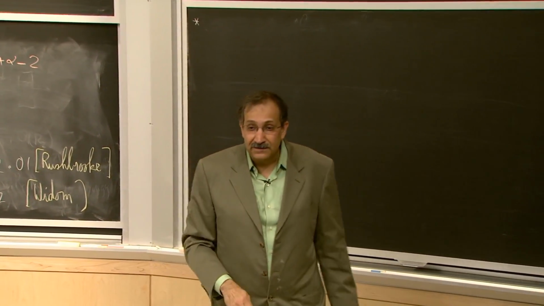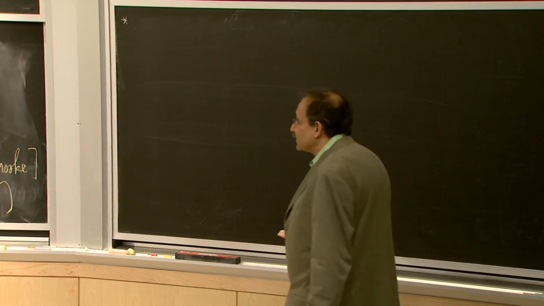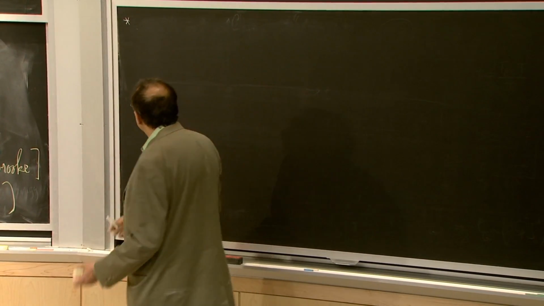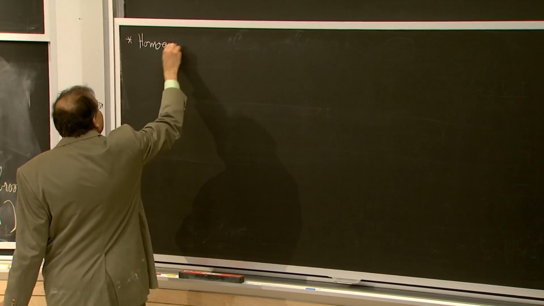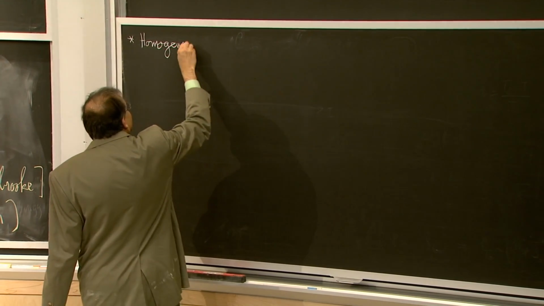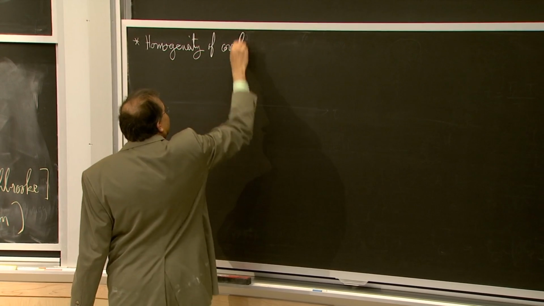So we emphasized that. So let's write our ansatz not about the free energy, but about the correlation length. So let's replace that ansatz with homogeneity of correlation length.